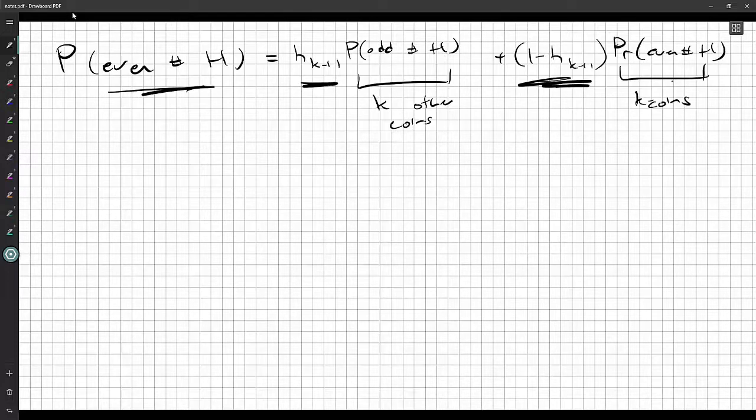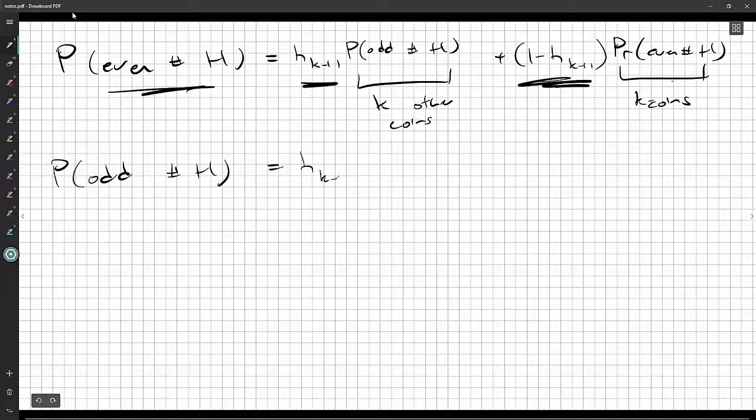So maybe I don't have the right induction statement, because I would need... No, this should be fine. Yeah, this should be fine. And then the probability of an odd number of heads. I lost myself for a moment there. So either the (k plus 1)th coin turns up heads, and then you've got one head, you need an even number remaining.